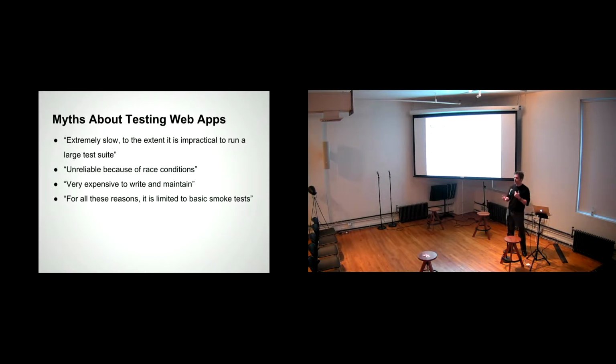Another thing is we have a lot of race conditions, especially in the new web frameworks that update the DOM in a smart way. Talking about Angular, React, Ember. These frameworks keep updating the web page in place, and because of that, they create race conditions for the tester. Because of these race conditions, the tests, in many cases, don't always have the same results.